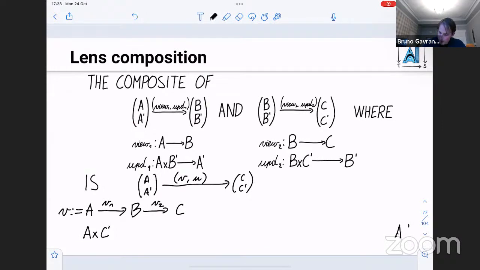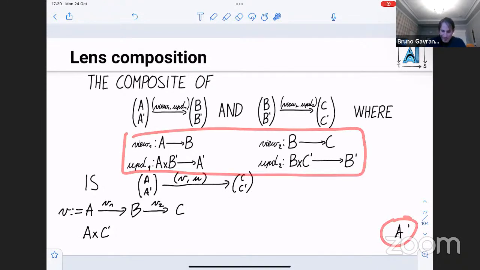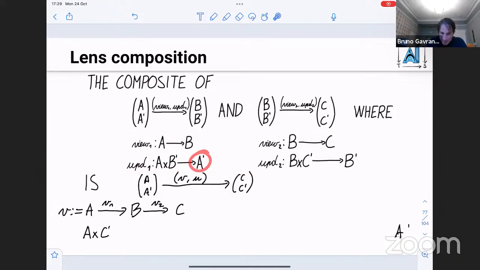To define this composition, we're going to work backwards. And this is in line with backpropagation. We're going to think about how can we produce an A prime here? So this is what we have to do. And if we look at all the things we have, we see that the only way to produce an A prime is the map update 1.